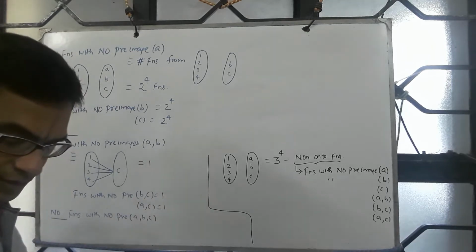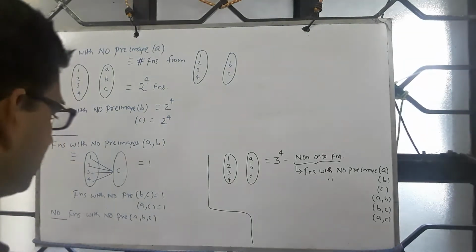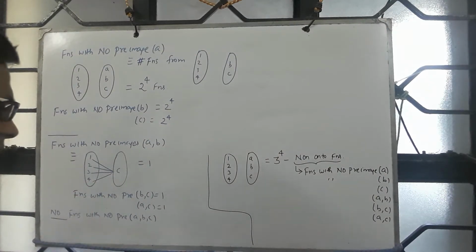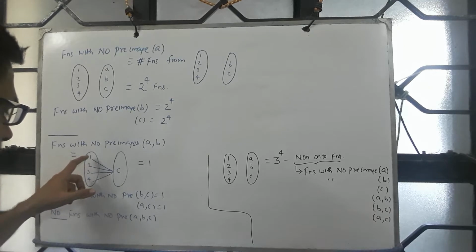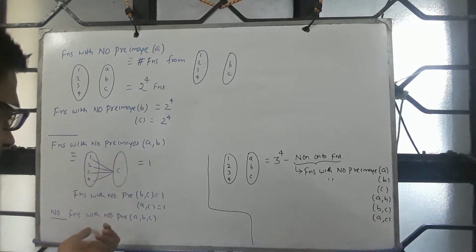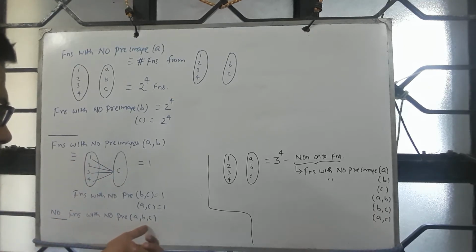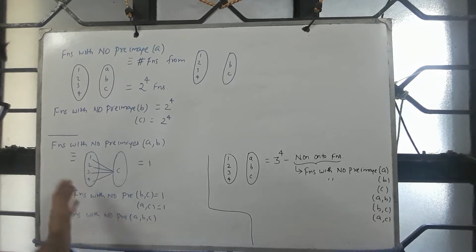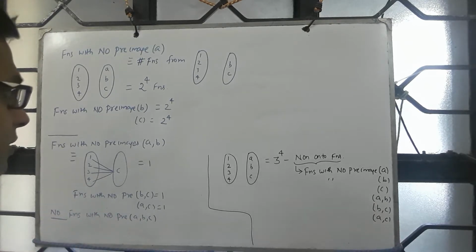Because by definition, I should find at least one map which is missing. So for each of them, I should find one map on the other side. But if you say that there are no pre-images for them, then no such function exists.